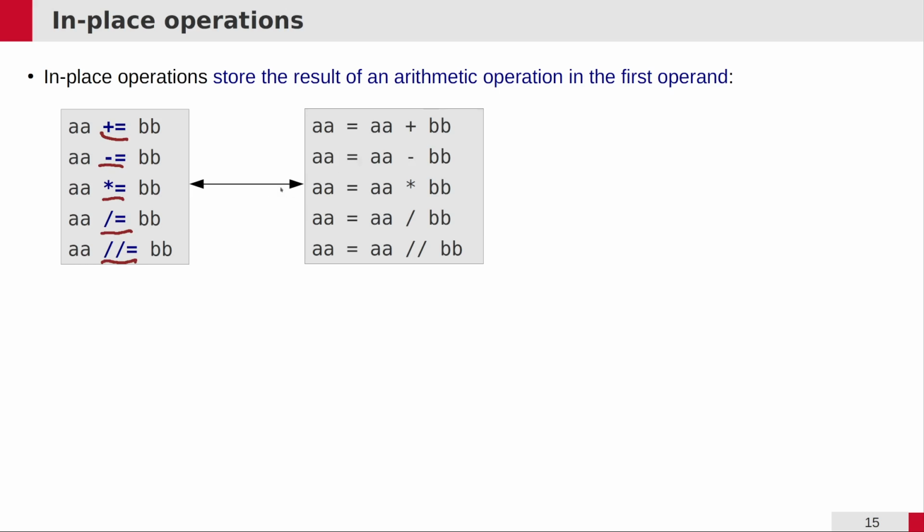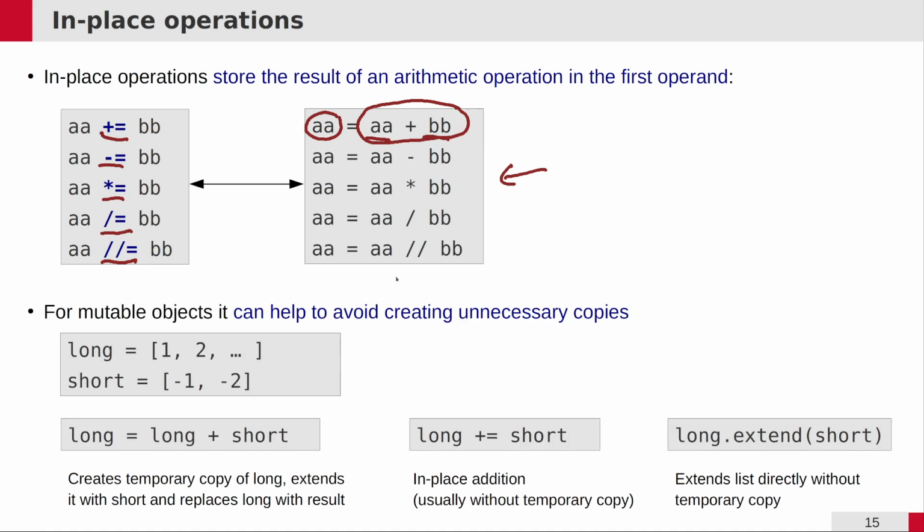And this is formally equivalent to what is on the right hand side. So you would say A is equal A plus B. What does it mean? Take A, take B, add them together, and the result should be associated again with the name of A. So the old value of A is lost, and the new result is now associated with A, and all the other operations work the same way.